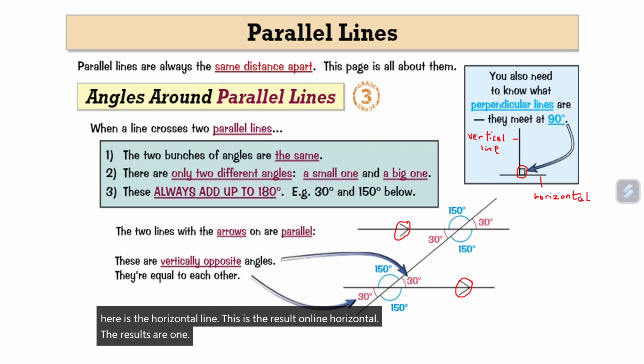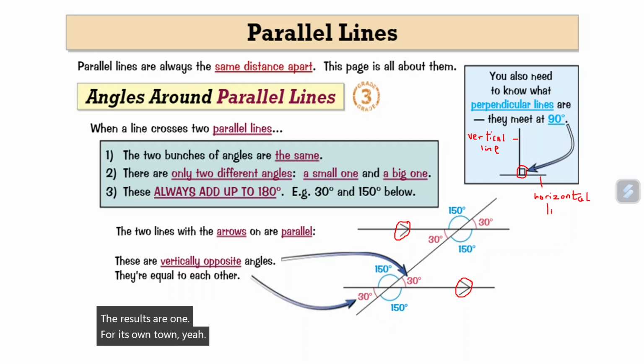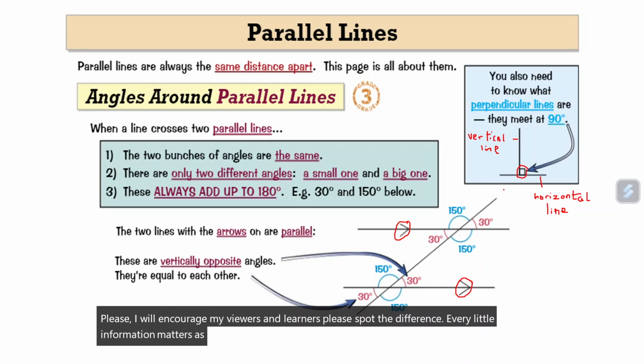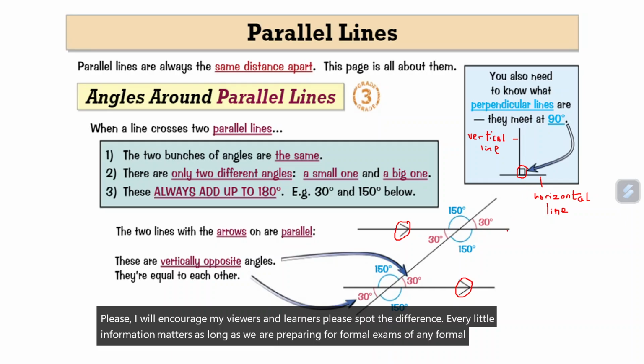Horizontal line. Please, I will encourage my viewers and learners, please spot the difference. Every little information matters as long as we are preparing for formal exams or any formal assessments.